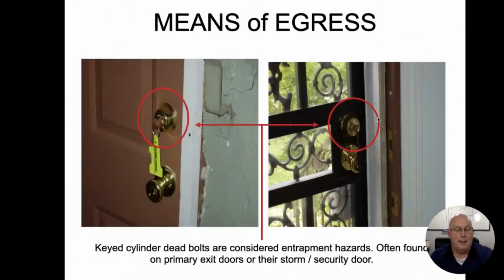All right. I'm not too worried also about means of egress and putting keyed locks on the inside. I get it. Again, we're going to go back to some people, it's more important to be secure than it is to be able to escape. And they'll just have it where somebody can break the window next to it, reach around, unlock the door by hand, and they're good.